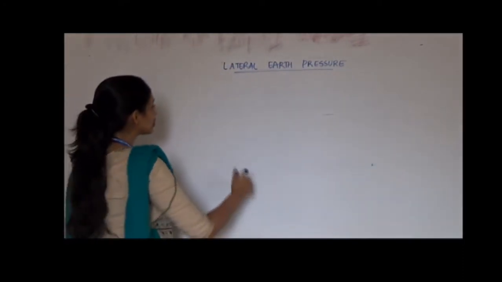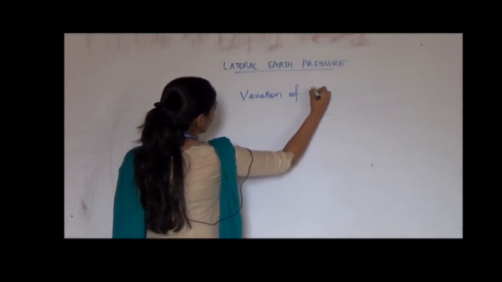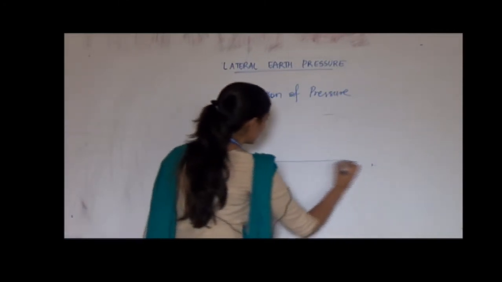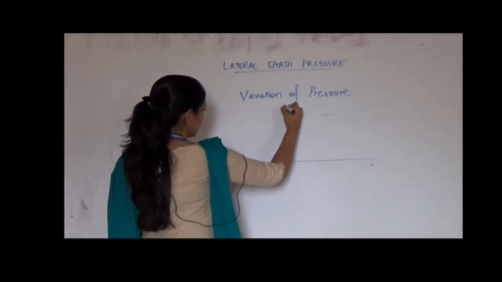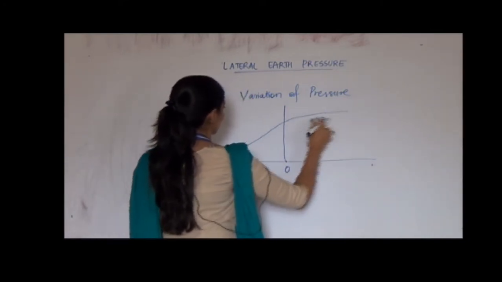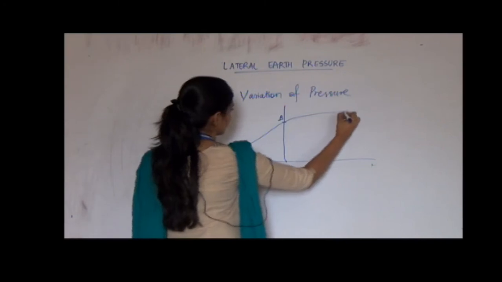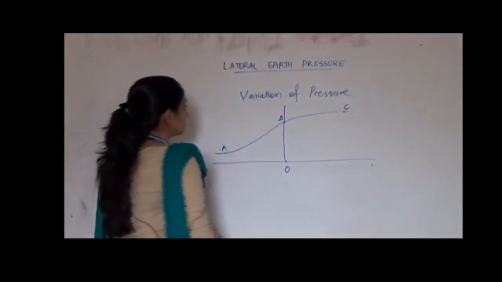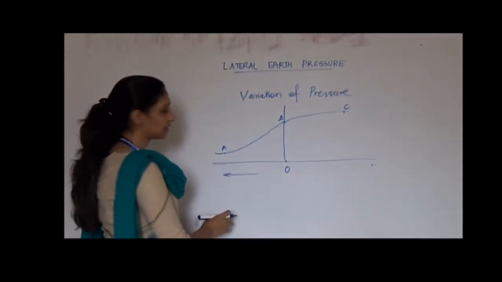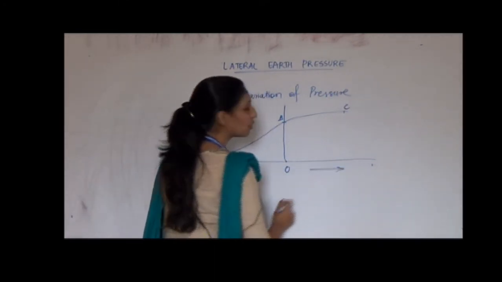Now we will see the variation of pressure. For that we will define an equilibrium condition. Point A denotes the active earth pressure, since the movement of the wall is away from the soil mass, and point C denotes the passive earth pressure, since the wall movement is towards the soil mass.